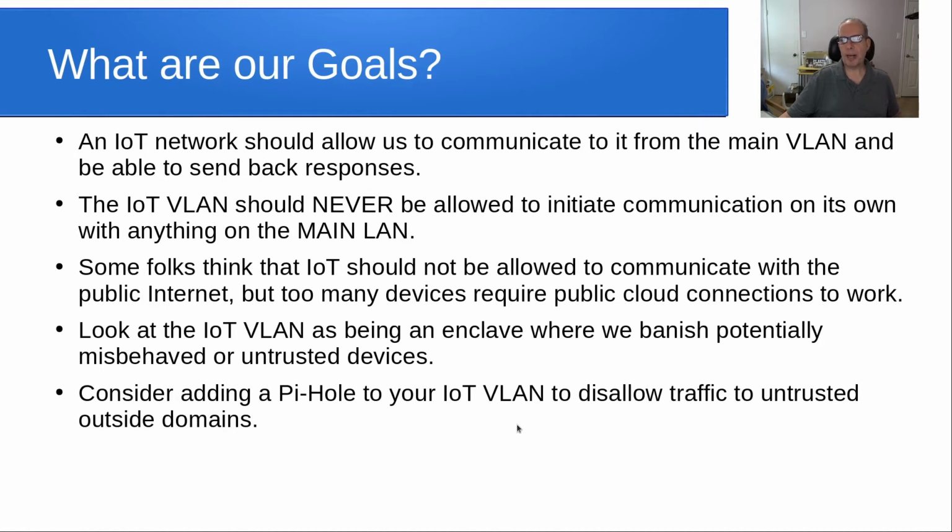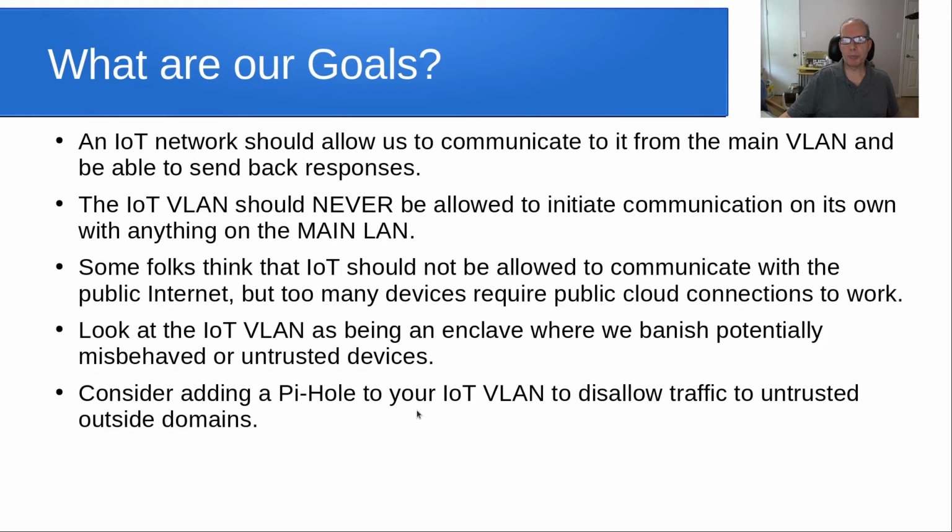Consider adding a Pi-hole to your IoT VLAN to disallow traffic to untrusted outside domains. A lot of people think about a router or firewall in protecting your inbound access to your network. Well, also, if you're dealing with an untrusted network like an IoT network, we might want to control what it can do outbound.